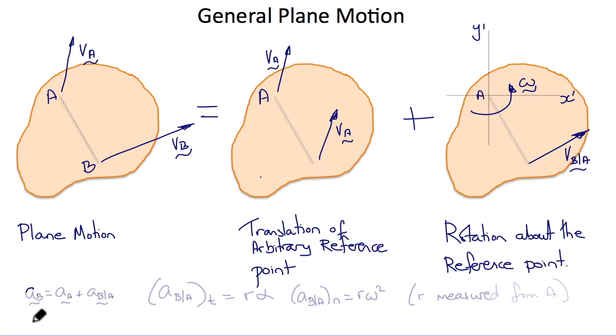And we can write for the accelerations similarly that a sub B equals a sub A plus a of B relative to A. The tangential component of the relative acceleration is r alpha, and the normal component of the relative acceleration is r omega squared, where r here is measured from the new origin at A.